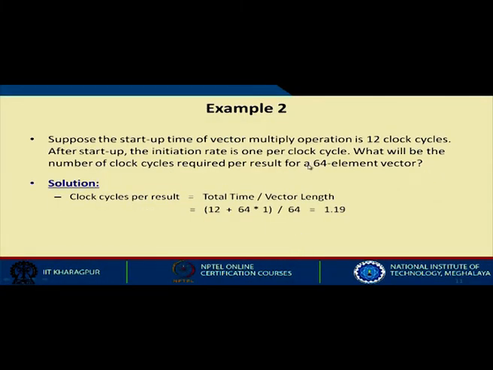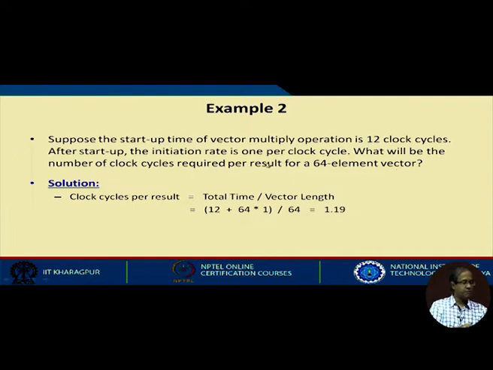Let us take a simple example. Let us say the startup time of a multiply operation is 12 clock cycles, which means it is a 12 stage pipeline. After starting up, the initiation rate is 1 per clock cycle. We are trying to estimate the number of clock cycles required per result for a 64 element vector.